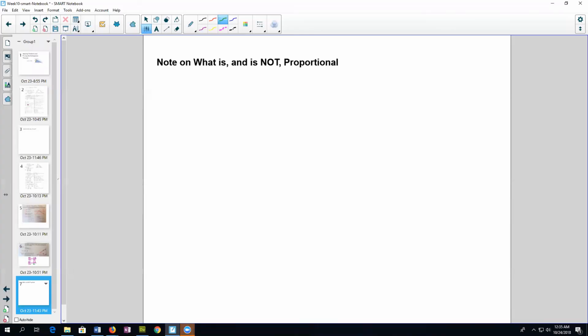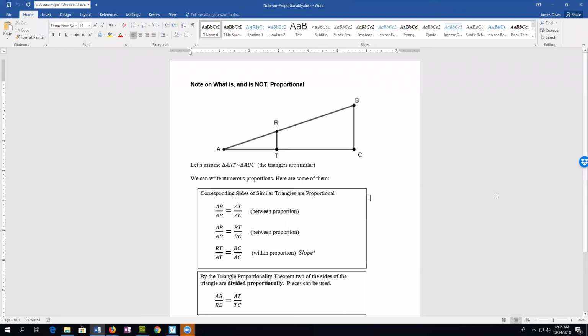The last thing I'd like to do is take a look at some notes on what is proportional and what is not proportional. So this is our other handout. Let's assume that we have triangle ART similar to triangle ABC, and we won't worry about why they're similar. We'll just say that they're similar.